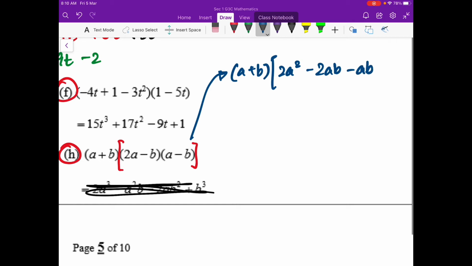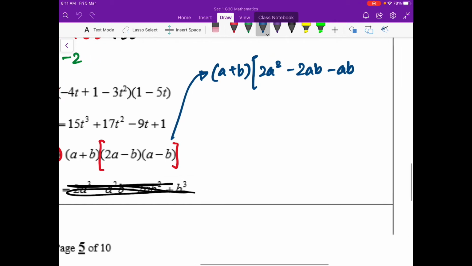So we might tend to write negative ba because we are saying b times a. But I choose to put them in alphabetical order so that it's easier to see which are the like terms. Otherwise, it is fine writing ba. Just be careful when you compare the like terms. And the last term we have negative b times negative b, that is positive b squared.